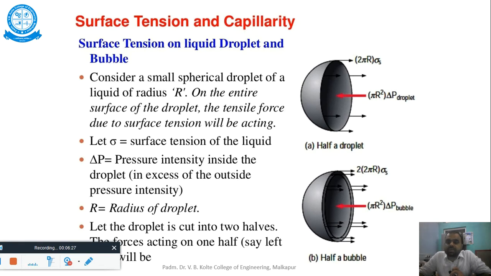This black arrow shows that the surface tension will be acting around the surface along the boundaries. Okay, so let sigma be the surface tension of the liquid. Delta P means the pressure intensity inside the liquid droplet in excess of the outside pressure intensity. R will be the radius of the droplet.